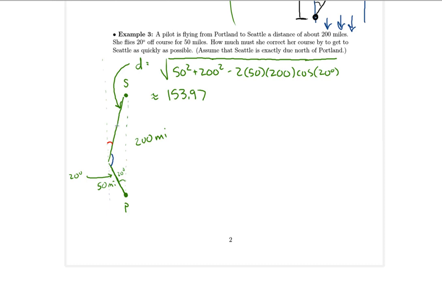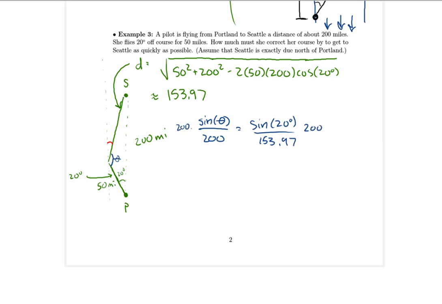But then I can use the law of sines in order to figure out this angle here, theta. So I can say that the sine of theta divided by the side opposite of it, 200 miles, would have to be equal to the sine of 20 degrees over the side opposite of it, 153.97 miles.